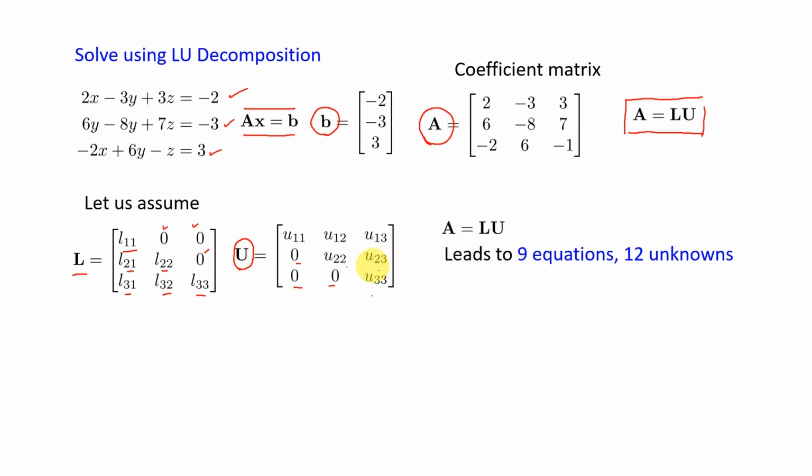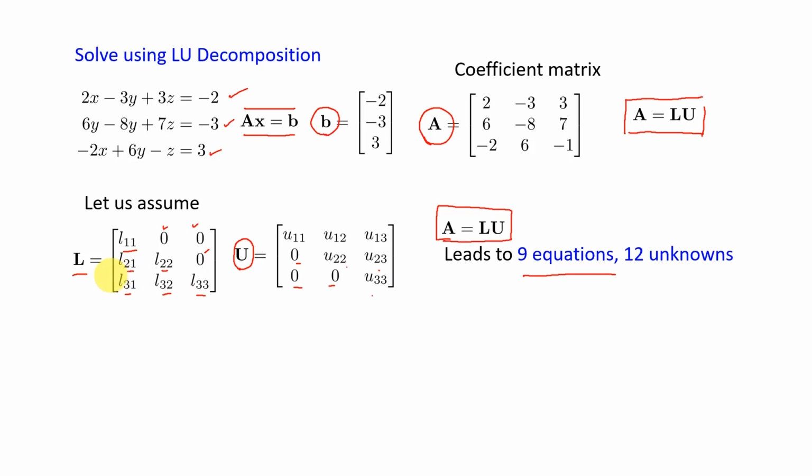If I now multiply these two matrices L and U, and then equate that LU with A, I can have one equation for each of the elements, which means that since A has a total of 9 elements, I can have at best 9 equations.